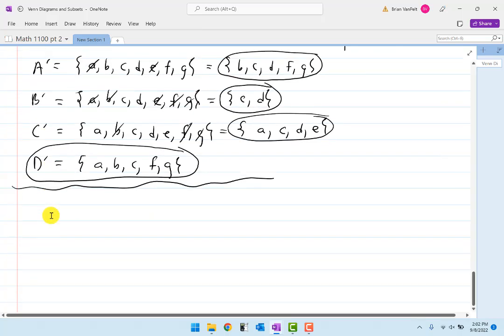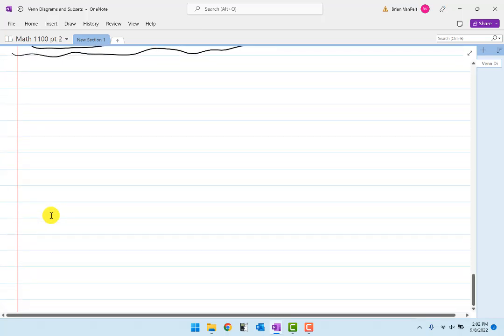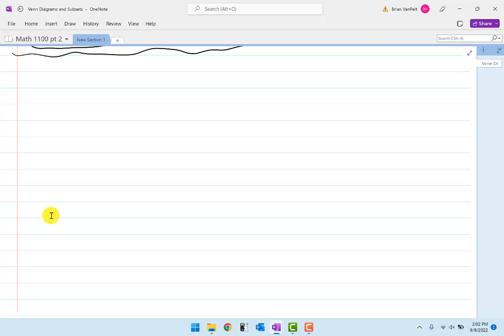Now, another thing that we concentrate on is, since we're talking about subsets, we're going to want to talk about the number of subsets of a given set.